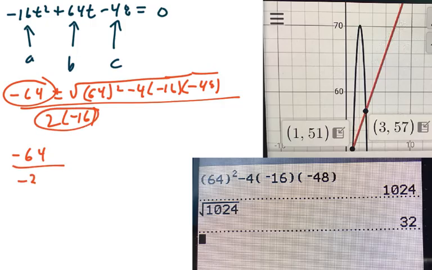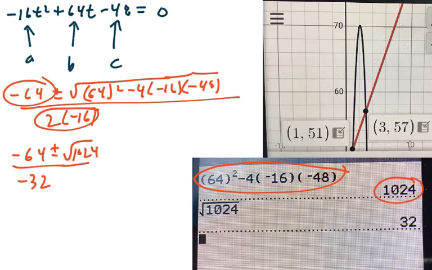This is negative 32 plus or minus. Over here, as you can see, I use parentheses. I was careful with my negatives. I got 1024. The square root of 1024, as you can see here, is 32.